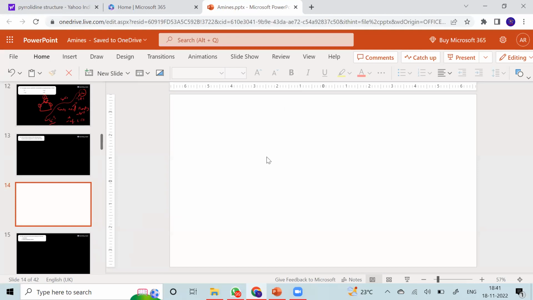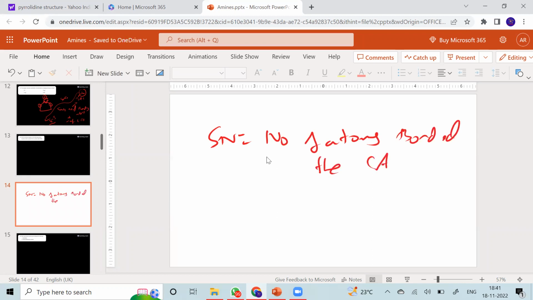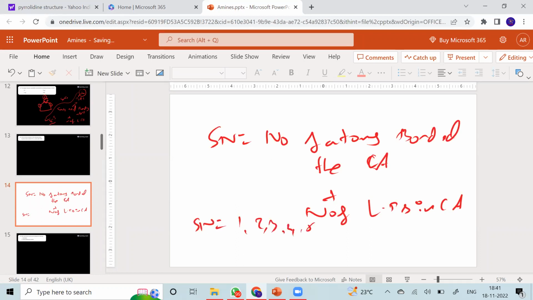Say now the steric number formula is this: number of atoms bonded to the central atom, Ca is the central atom, plus number of lone pairs on your central atom. So now steric number values 1, 2, 3, 4, 5, 6, 7 are possible.